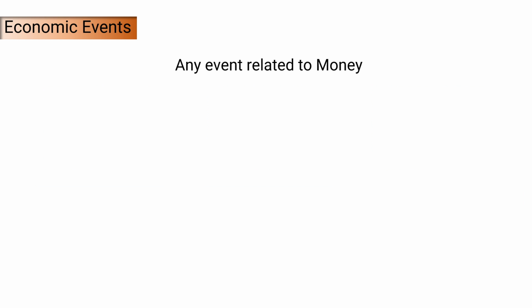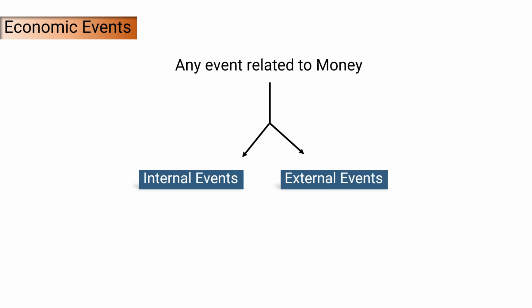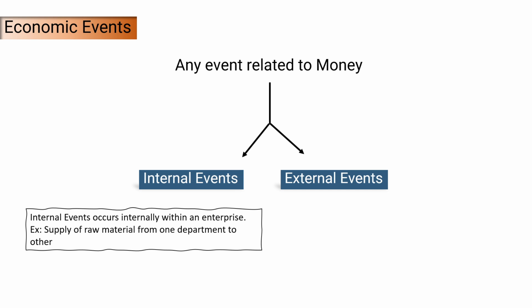Now economic events are further divided into internal events and external events. What do you mean by internal events? Any guesses? It's pretty simple, as the word says, internal. Internal means any event which is happening within the organization. The example is supply of raw material from one department to another.